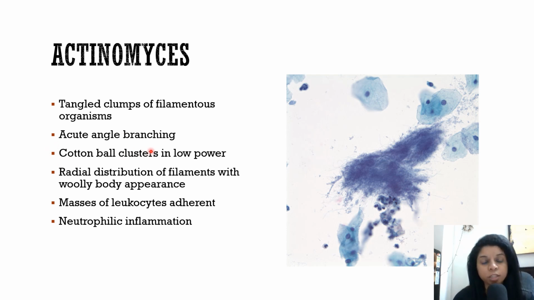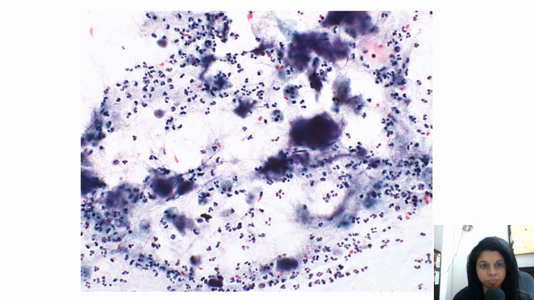You will have cotton ball clusters in low power, with radial distribution of the filaments with a woolly appearance, and masses of leukocytes at the ends of these woolly structures. Obviously you will get a neutrophilic inflammation. You can see so much neutrophilic inflammation in low power, and these cotton ball-like appearances.